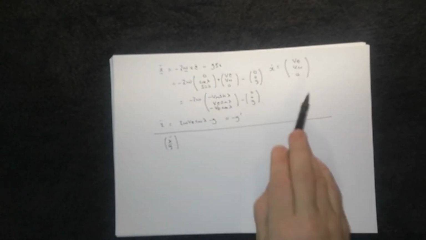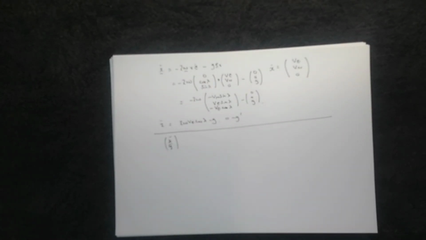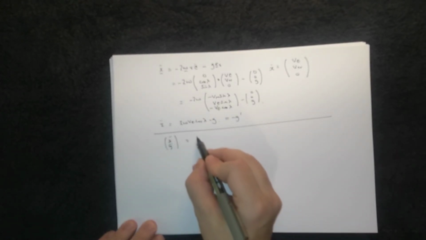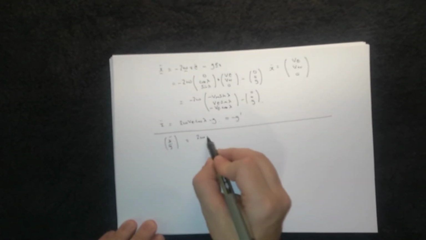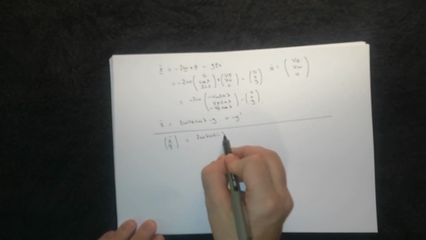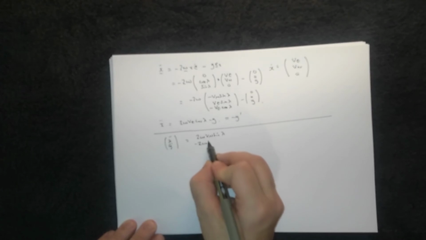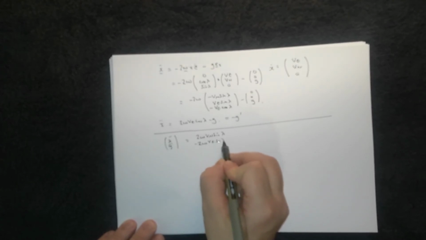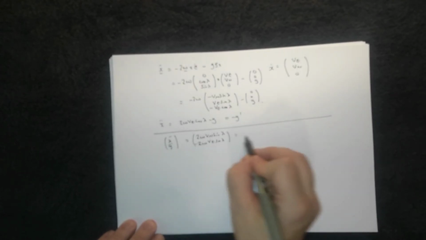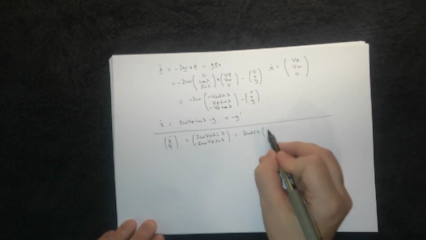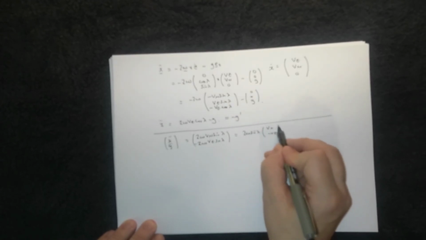We essentially have the same setup as we have here. So that gives me 2 omega V_n sin lambda, minus 2 omega V_E sin lambda, which is 2 omega sin lambda (V_n, minus V_E).